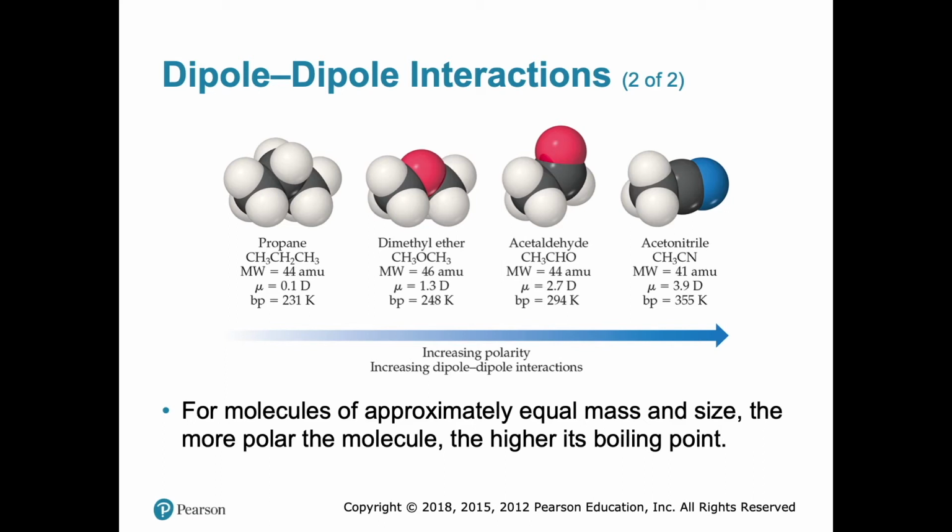Cause a higher boiling point, because you need more energy to break those interactions to evaporate it. So again, for molecules of approximately equal mass and size, the more polar the molecule, the higher the boiling point. See? I always have these little last statements here that are like an exclamation mark on what I just said out loud.